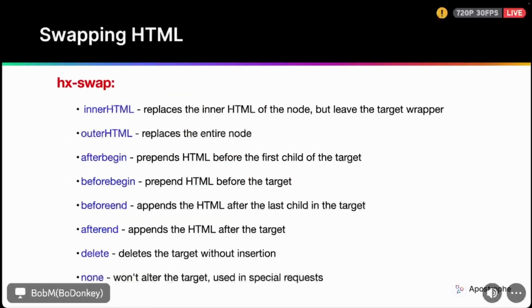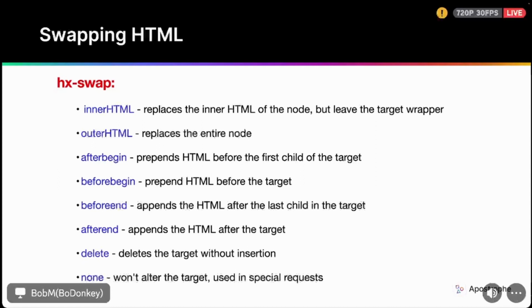Again, AJAX is all about being able to update your page with new content without doing a full refresh. We've seen already how in HTMX you can pass in a target, and you can pass in a trigger to cause that DOM update. The last thing is the hx-swap attribute. What this does is tell HTMX how the particular DOM node that you've targeted should be manipulated.